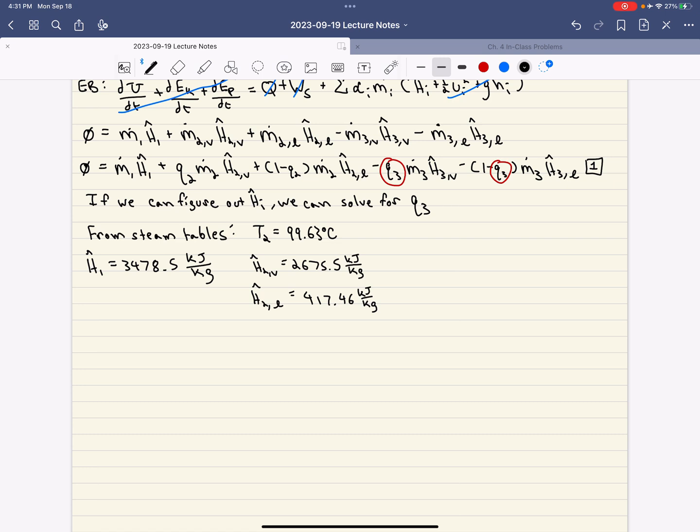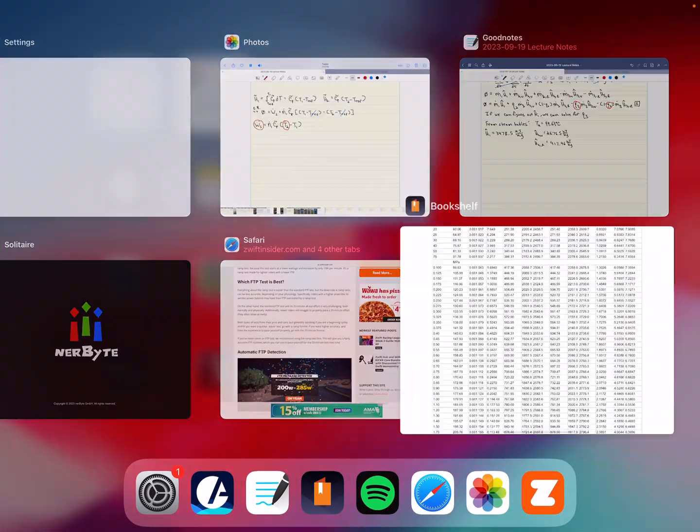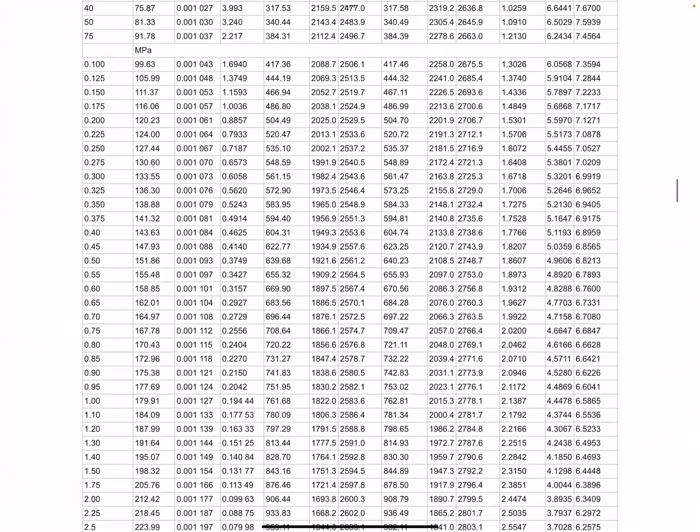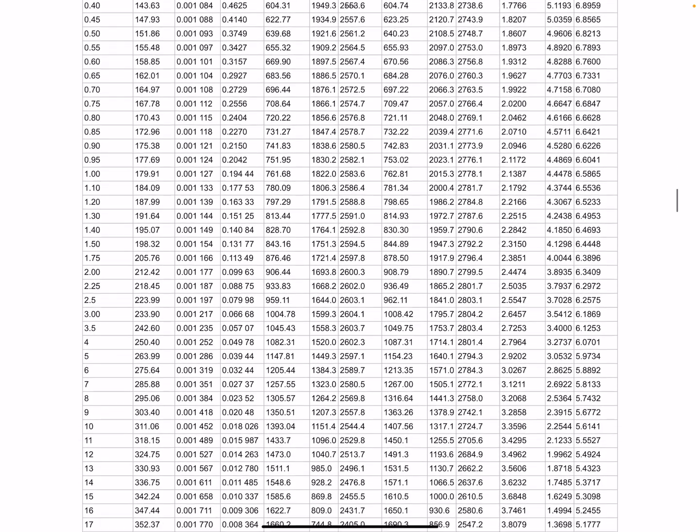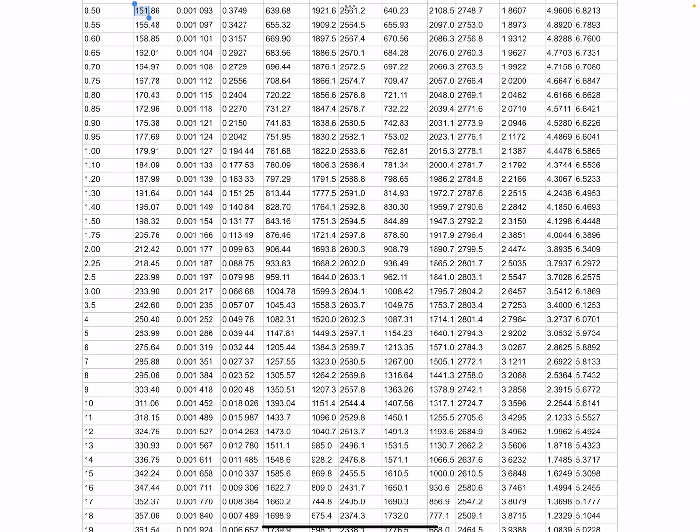All right, now for stream 3, we're told it's at a pressure of 0.5 megapascals. Okay? And so we're also told that it's saturated. And so in order to figure out the temperature, we could pull the same trick that we did for stream 2, where we just could look up the temperature. So now we know it's 151.86.